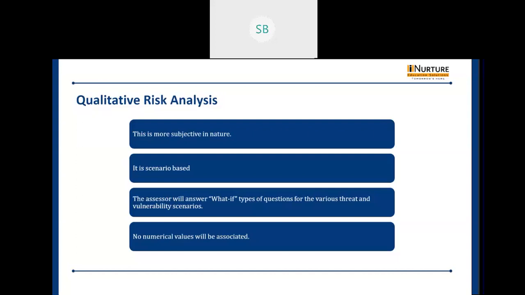These are basically scenario based, like the lab example I gave. So all these things are scenario based and no numerical values will be associated. Since it is qualitative risk analysis, no numeric values will be associated with it. It will be an explanation, so it is more subjective in nature. That means people will explain such risks. You cannot label their impact as a number.